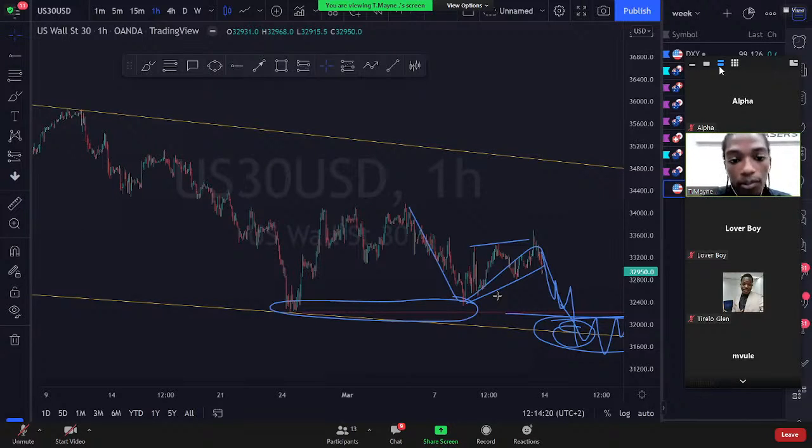Euro USD, GBP USD, and AUD USD are inversely correlated to the DXY, which means when DXY is going down, those pairs are moving up. On the other hand, with USD CAD, USD JPY, and USD CHF, when DXY is going down, those pairs are most likely also going down. So they're positively correlated to the dollar index.